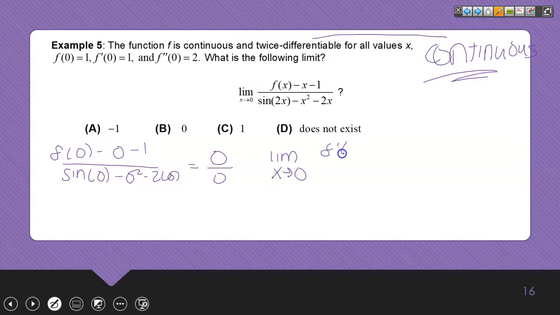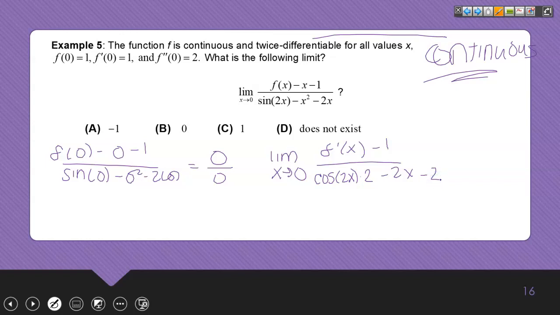So you get f prime x minus 1 over, because remember we take derivatives of top and bottom totally separately, derivative of sine is cosine of 2x times the one everyone forgets, derivative of 2x is 2, since sine 2x is a chain rule, minus 2x minus 2.